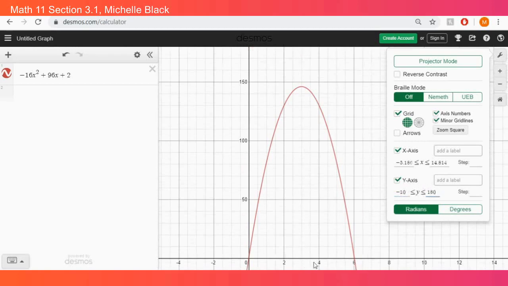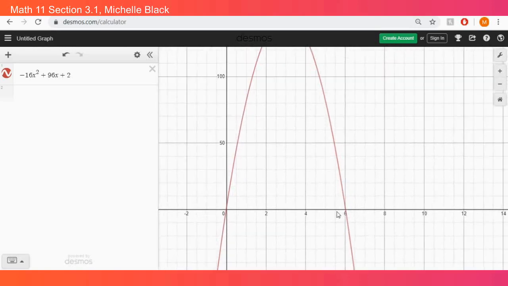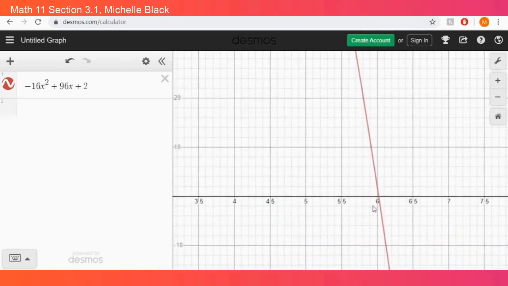My x's seem to be okay because looking at this graph, it looks like around 6 seconds is where the ball is going to hit the floor again. So let me zoom in. It does look like right here that our domain is going to end really close to x equals 6. And actually it's just a little bit past that, 6.021.